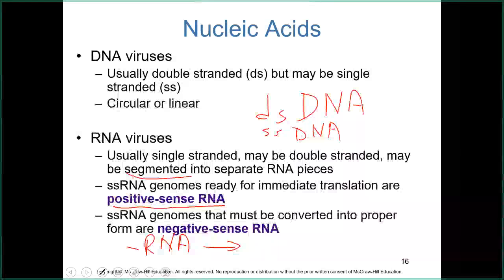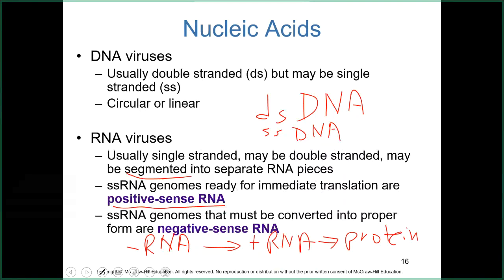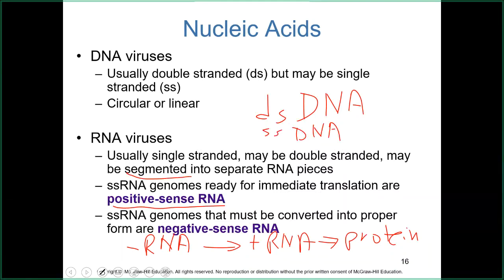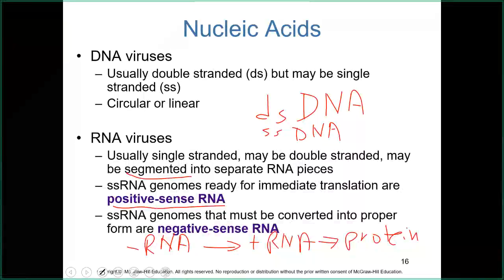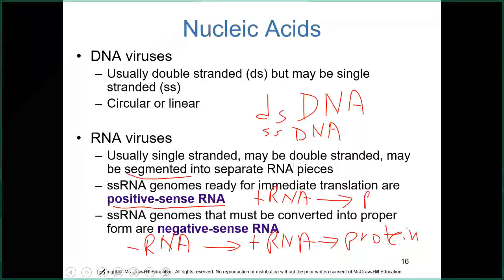They use that as a template for making positive sense RNA, which then can be used right away as the information to make proteins, and goes from there. So the positive sense forms just go right into the cell, and boom, proteins are produced using those.